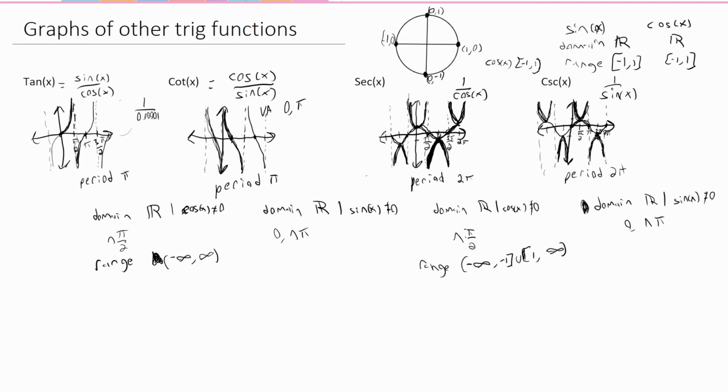Because again, to reach values between 1 and -1 when we take 1 and divide by sine, we'd have to get sine to output a value bigger than 1 or smaller than -1. And since that's not in the range of sine or cosine, we can't attain those values.